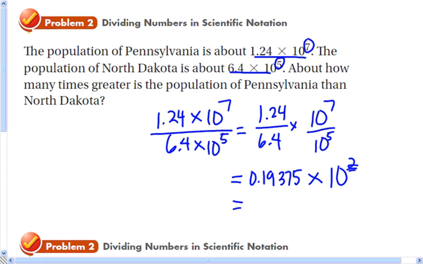That 2 tells me I need to move the decimal over 2 places, so 19.375, but since we're estimating both these populations, let's just say it's about 19 times greater, the population of Pennsylvania is than the population of North Dakota.